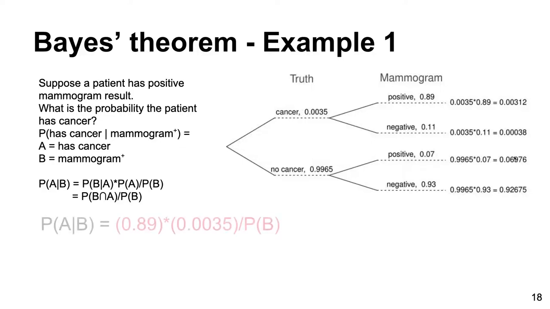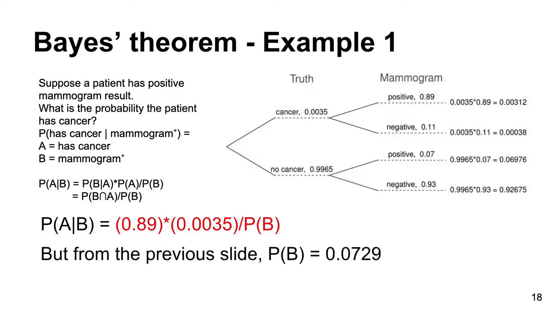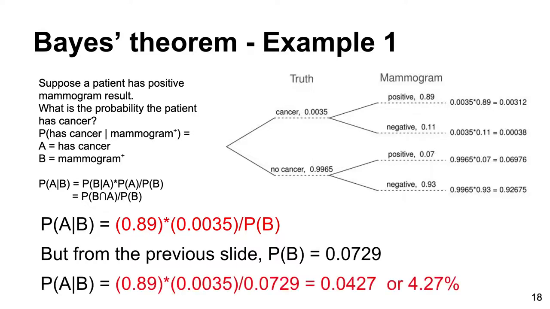So there we have it. From the previous slide, we know the probability of having a positive mammogram is that number. So the probability of having cancer, given that you've had a positive mammogram, is only 4.2%. Okay, that's relatively small. So that's saying that only 4.2% of all people who have a positive mammogram have cancer.